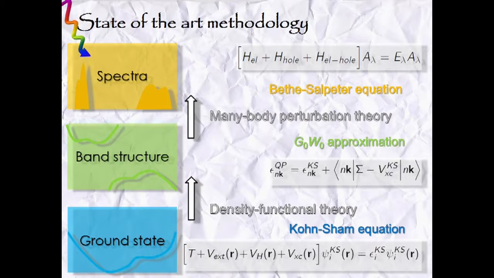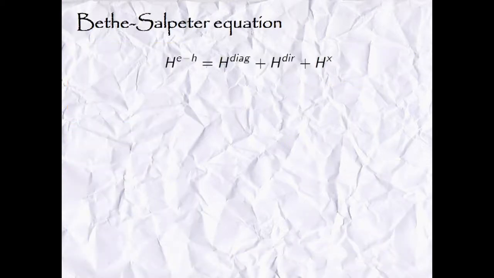The solutions of this are here. It's again a Schrodinger-like equation. The solutions of this are the energies of these two-particle states and the coupling coefficients between these core and conduction states. I'll show you some examples for this in a second.